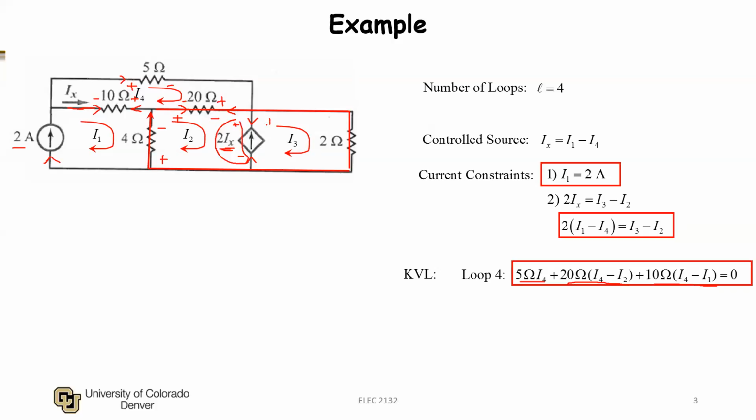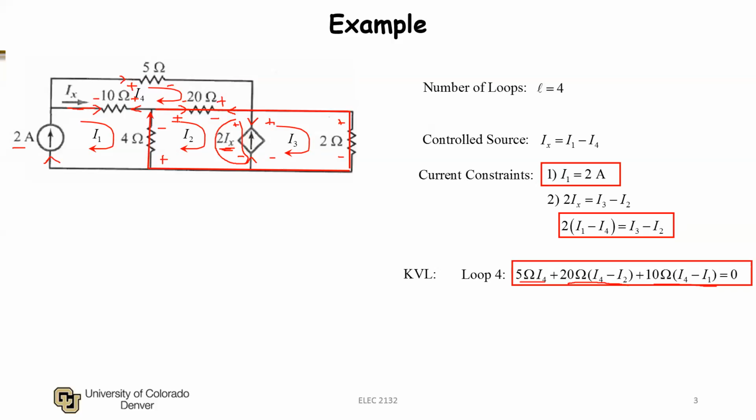But I'm going to say, well, this voltage is equal to the voltage drop across the rest of this loop, which is just that across the 2 ohm resistor. So there's no mystery about the super loop, but rather what it's doing is extending this branch voltage to the remainder of the loop. Okay, so that's how that works.